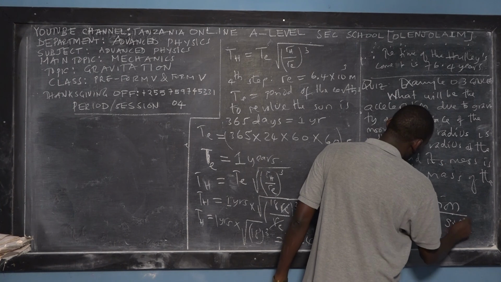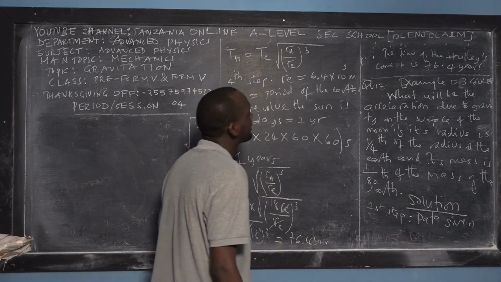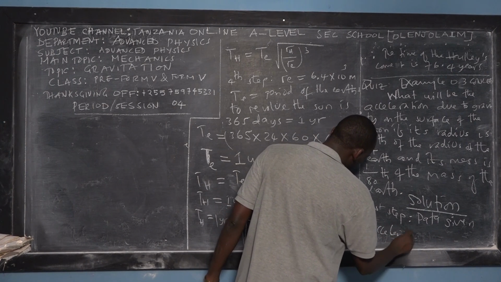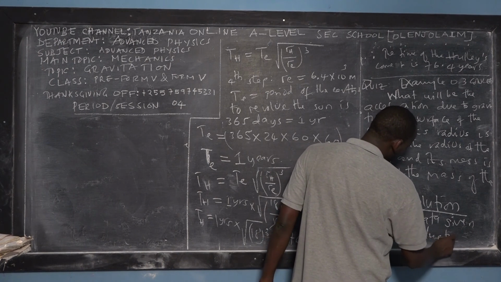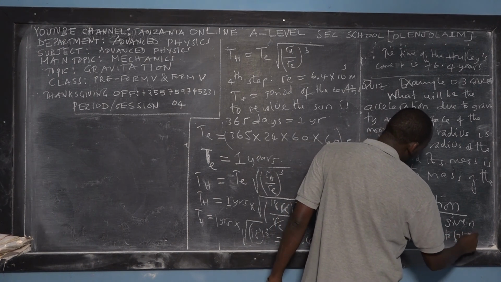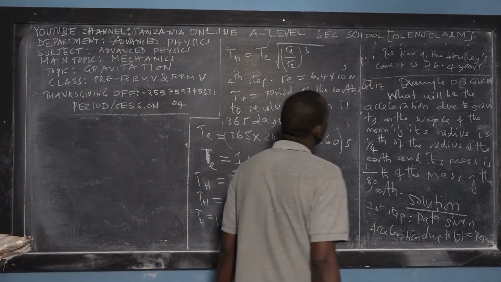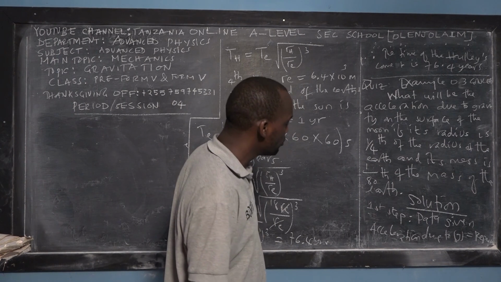In this data given, what will be the acceleration due to gravity? So first of all, acceleration due to gravity, g, is required, on the surface of the moon.